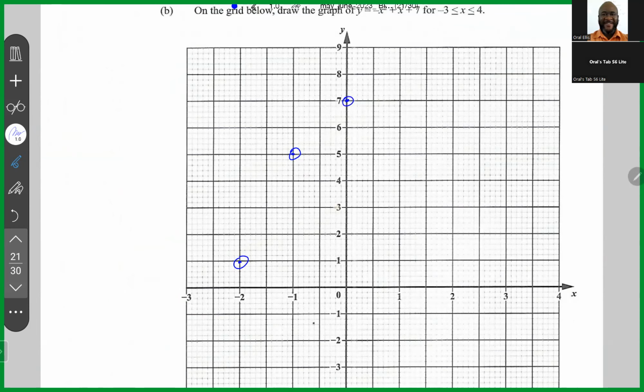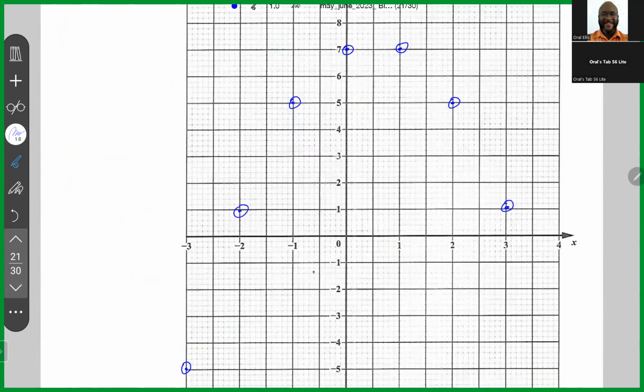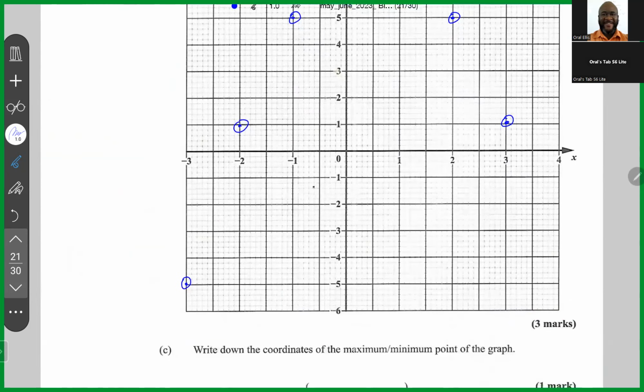When x is 1, y is still 7. When x is 2, y is 5. When x is 3, y is 1. And when x is 4, y is minus 5. All right, so we have all our points. All we have to do now is to draw our graph.